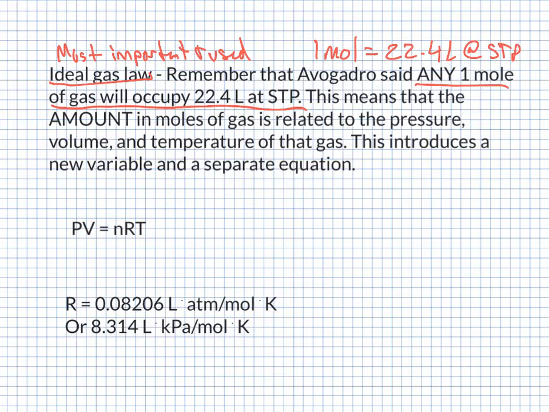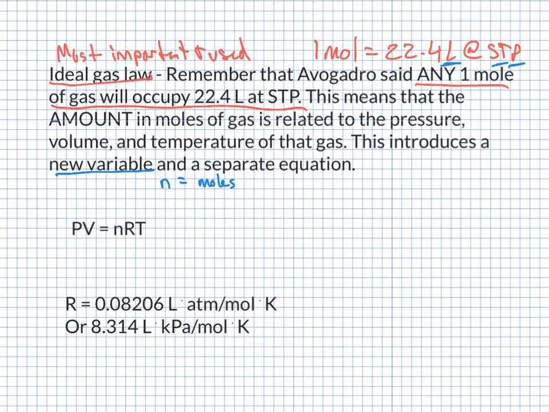But if that's the case, then that means the amount of a gas is tied to the volume, the pressure, and the temperature of that gas. And that's exactly what we've been doing. So we're going to have a new variable that we can add, and that new variable is going to be a lowercase n, which stands for moles.